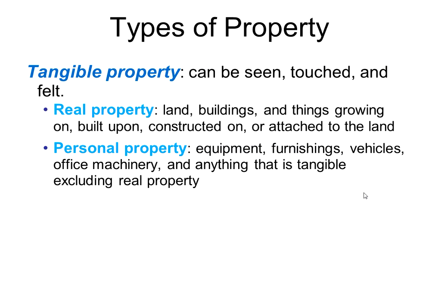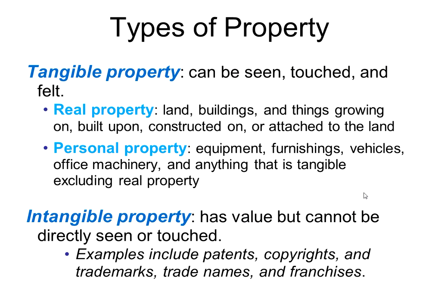Personal property is another type of tangible property, and that includes equipment, furnishings, vehicles, office machinery, and anything that's tangible, excluding real property. There is also intangible property, and that's a property that has value but cannot be directly seen or touched. Examples include patents, copyrights, trademarks, trade names, and franchises.